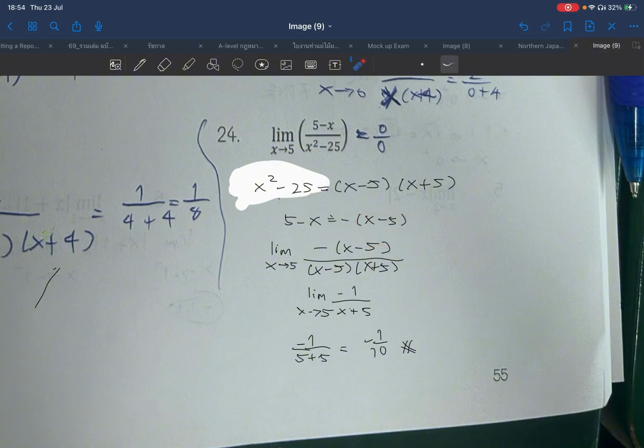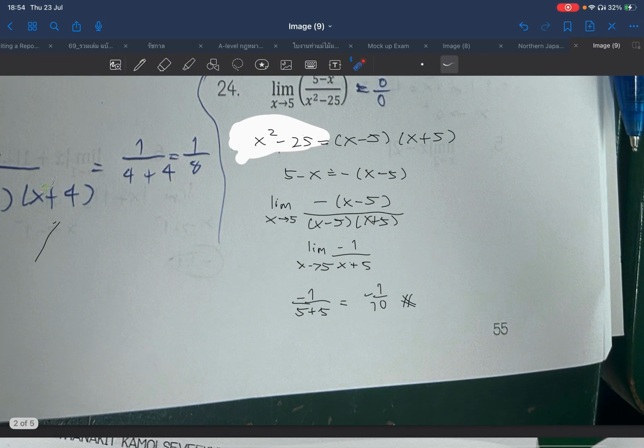So we should cancel x minus 5 inside the brackets to get minus 1, like this, over x plus 5. So we substitute x as it approaches 5 to get minus 1 over 5 plus 5. And the final answer that we get is minus 1 over 10.